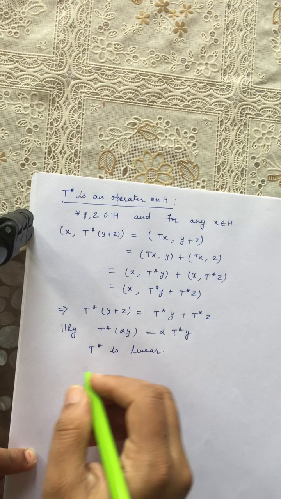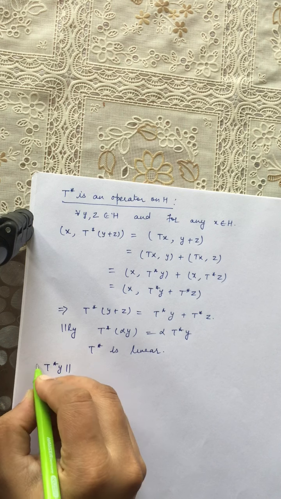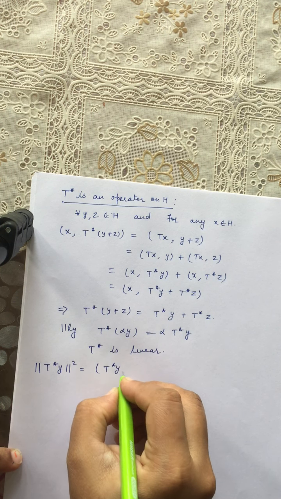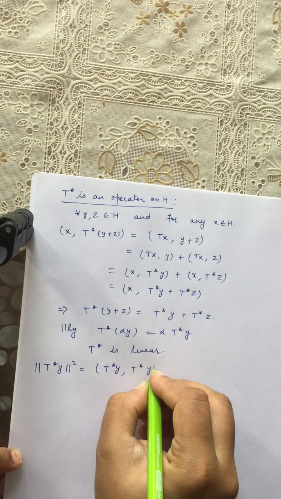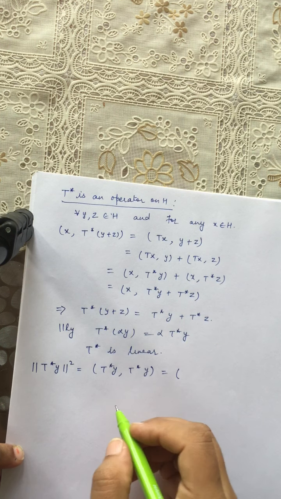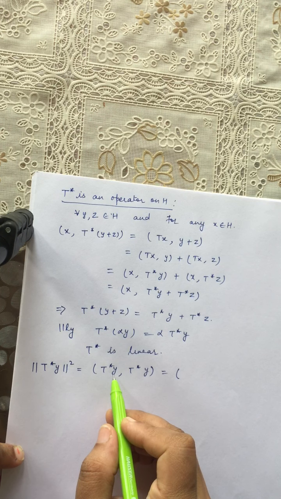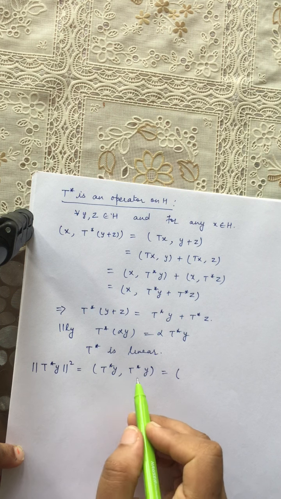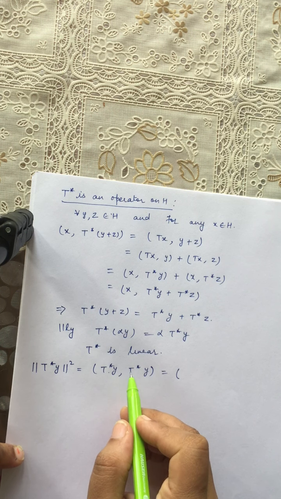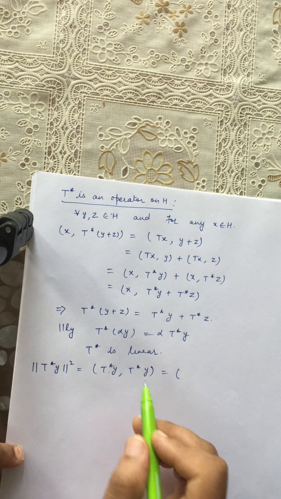Now for the continuity, we will start here with norm of T star y squared. This is just the inner product of T star y with itself. So now we apply that ⟨x, T star y⟩ is equal to ⟨Tx, y⟩.